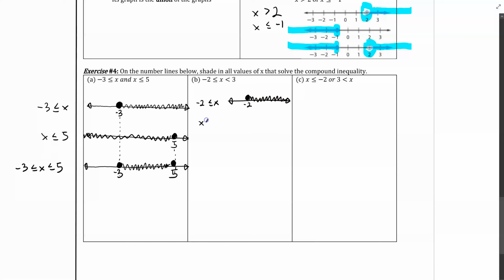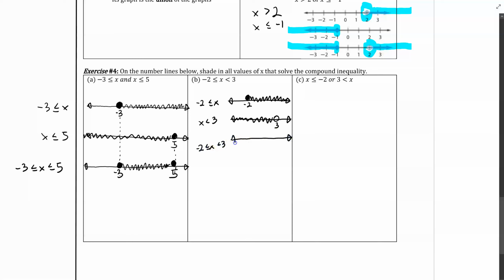We'll also graph x is less than 3. We'll do an open circle at 3, and then we'll shade to the left. And now we can do the compound inequality, -2 less than or equal to x, strictly less than 3.